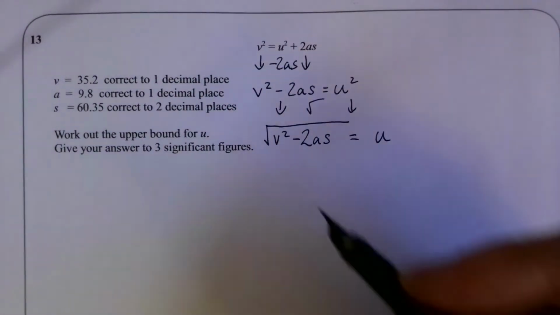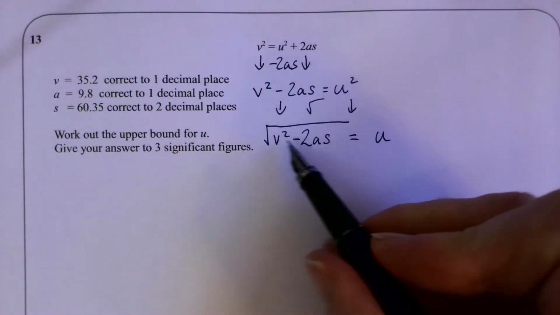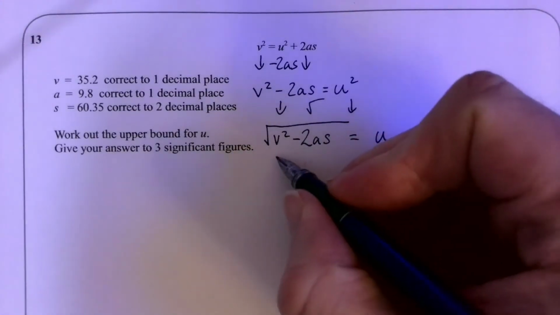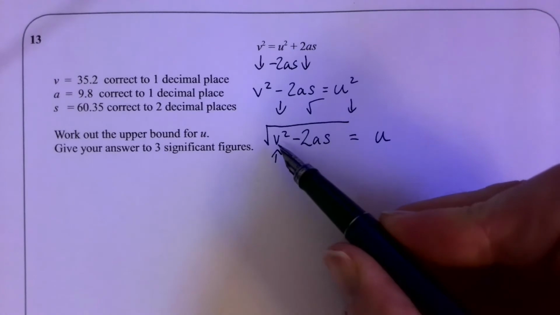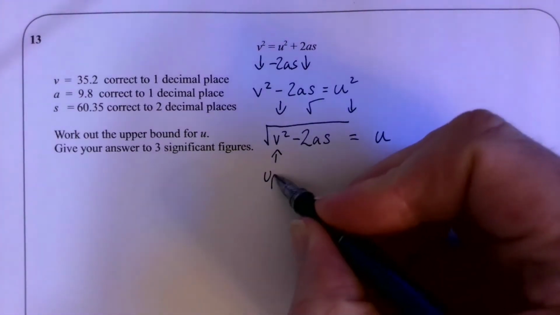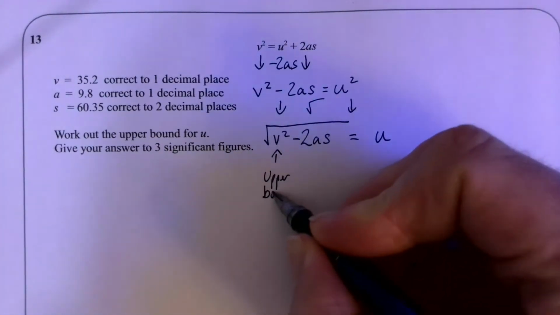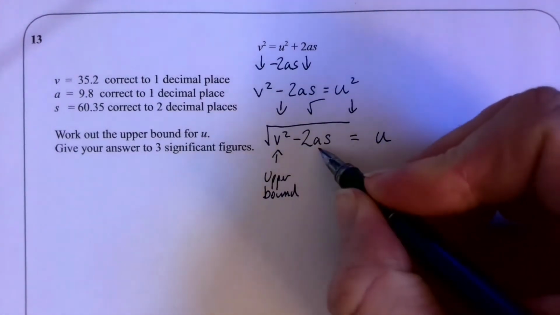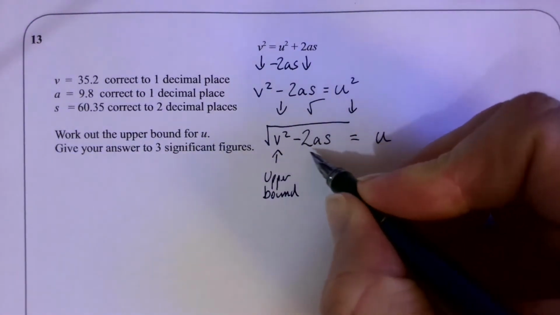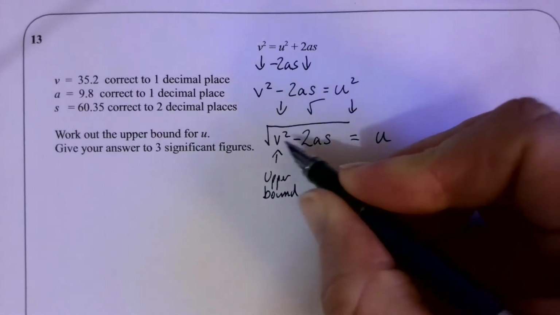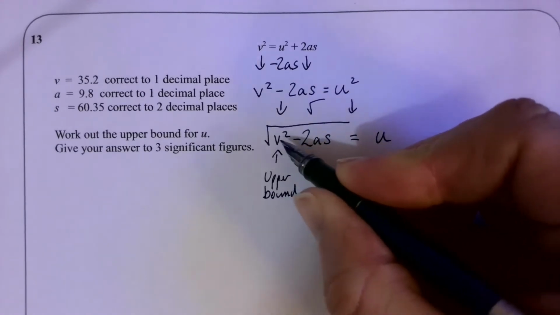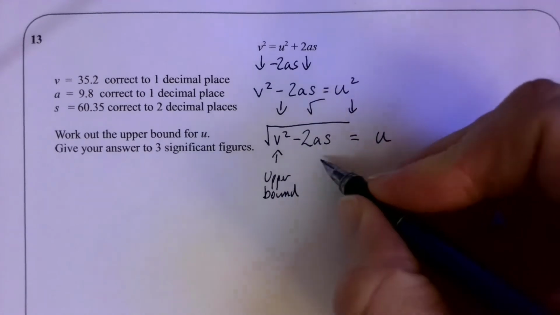Now, at this point, I'm going to think about what's going to happen. I want the biggest answer possible. Now, this one, v, will want the upper bound. But if I take the largest thing I can get out with my bounds from this away, that's going to give me a smaller number to find the square root of, and I want a bigger number.